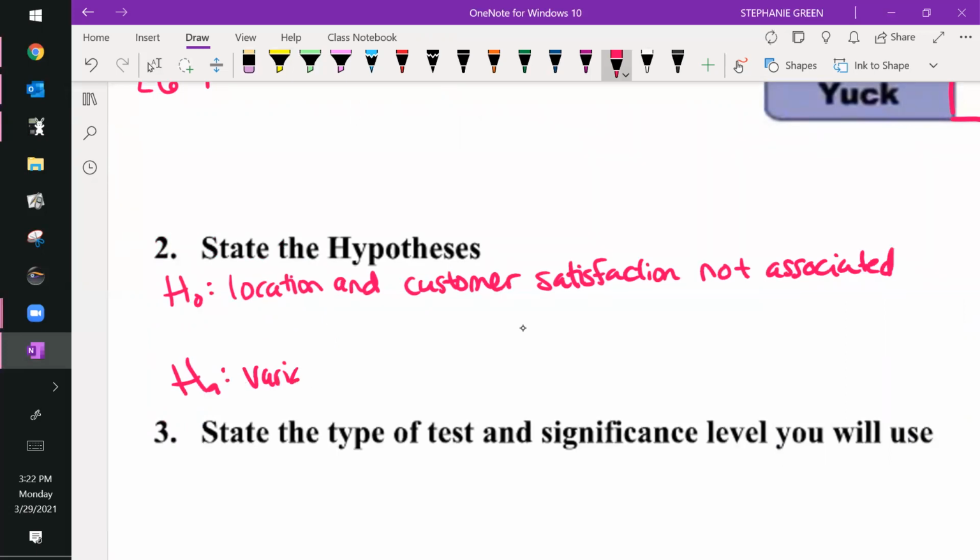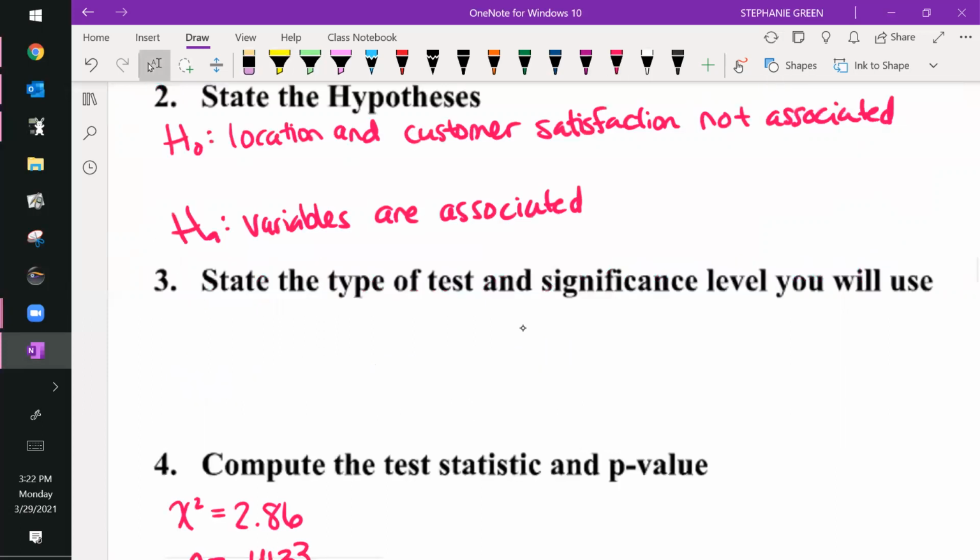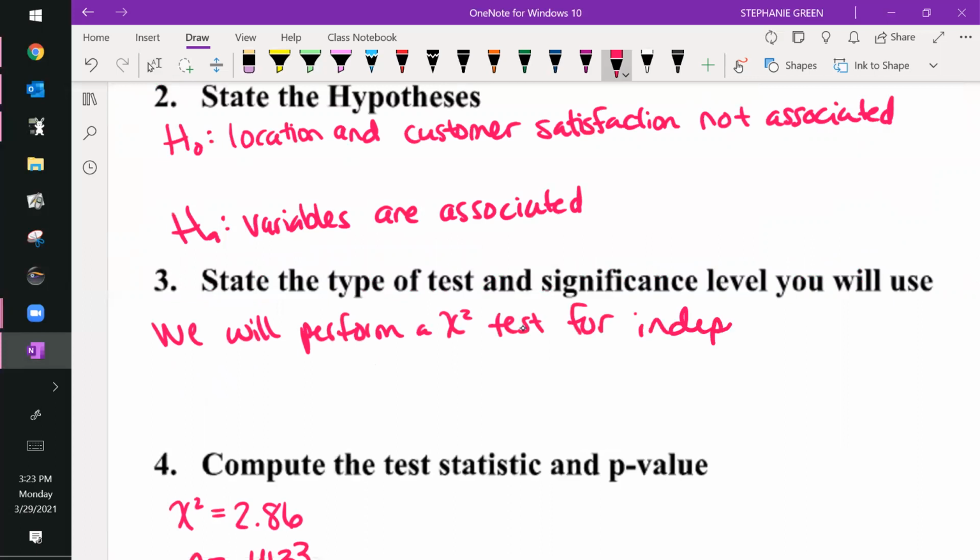The variables are associated. Then we state the type of test and significance level we're going to use. Literally the exact same thing we wrote in step 3 for the last one. We will perform a chi-square test for independence with alpha at 0.05 again.